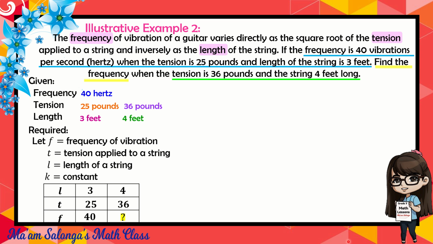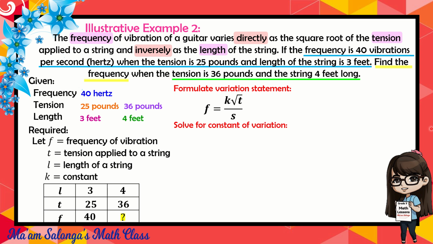We may now proceed to step 1, which is to formulate a variation statement. Since the frequency varies directly as the square root, take note of the word square root, of the tension, and inversely as the length, the mathematical equation is F equals K square root of T over L. Then, solving for the constant of variation, we use the complete assigned values of the quantities.